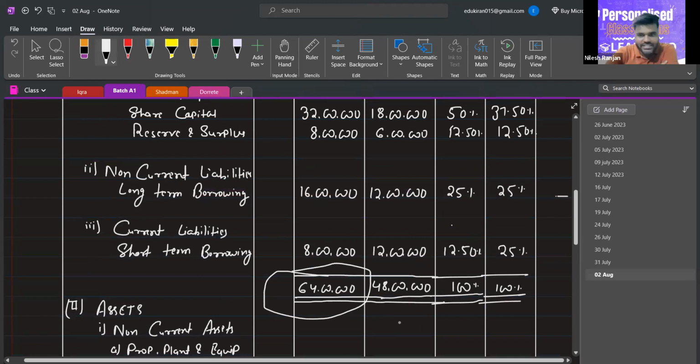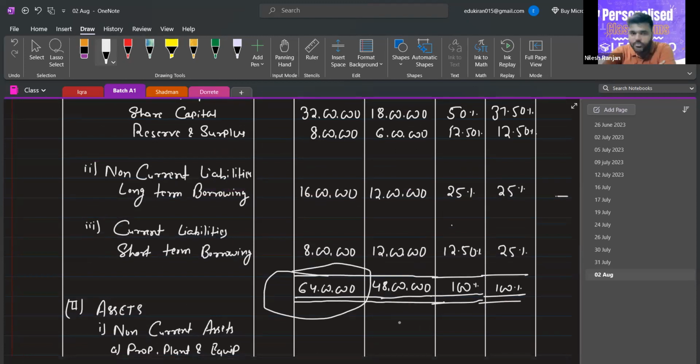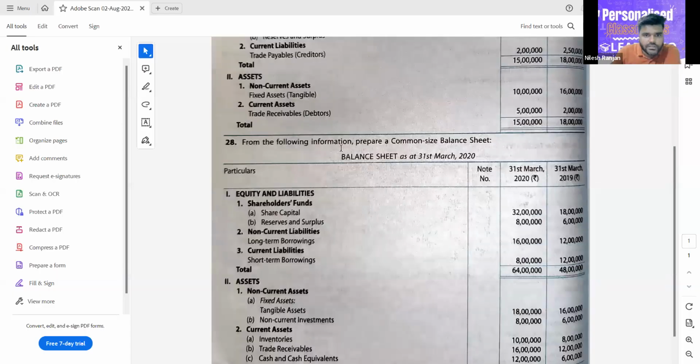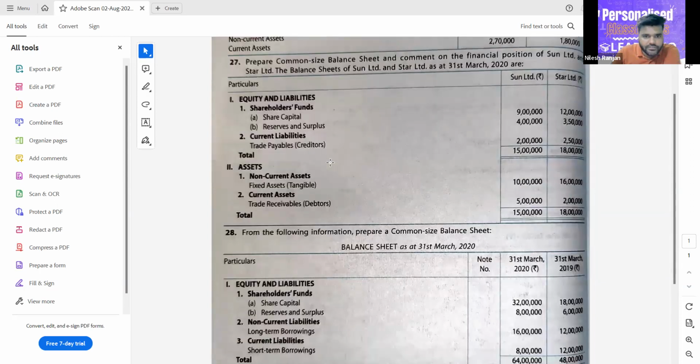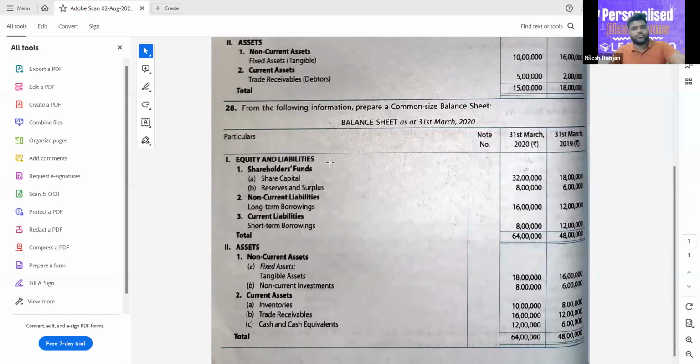So done, our common size statement. Actually, there are some questions related to a statement of profit and loss. I don't have any question related to profit and loss.